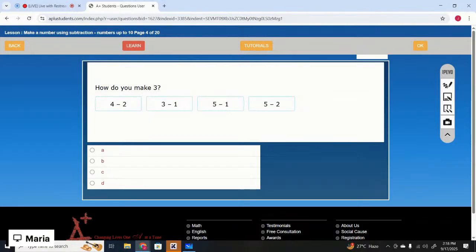Which is the correct option? Option D, that is 5 take away 2.